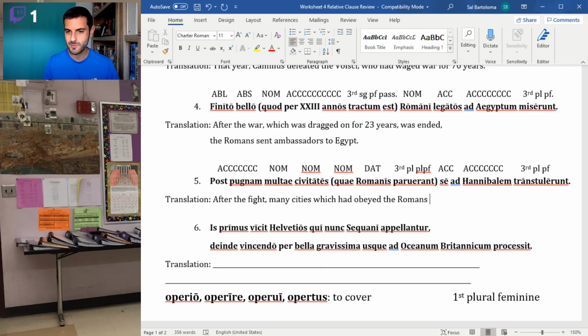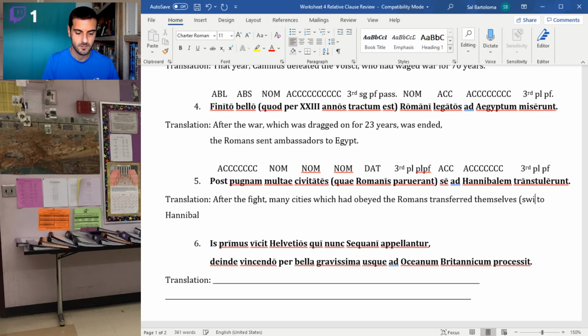So maybe not transferred themselves to Hannibal, but literally brought themselves over to Hannibal. They switched allegiance is essentially what it is. They transferred themselves to Hannibal, meaning that they switched sides.